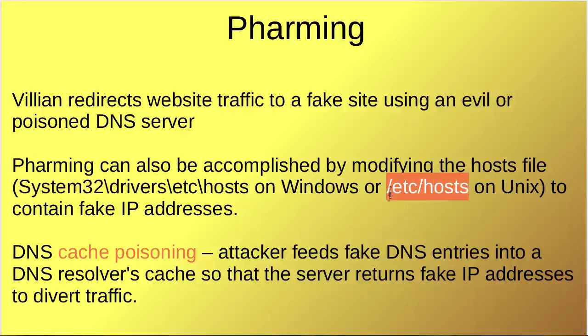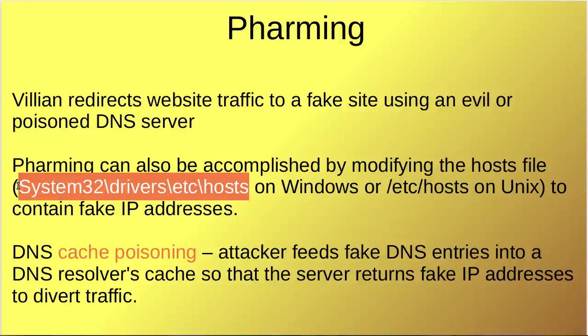A long time ago, all the names that you would ever use were in /etc/hosts. You didn't have domain name servers, but these days you have hardly anything in this file, and almost everything is figured out for you by DNS servers. But if you put in fake addresses, then you can short circuit the actual DNS process.